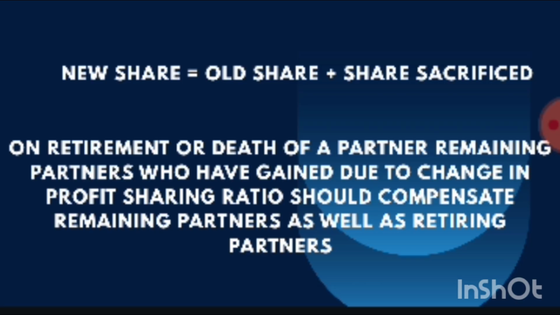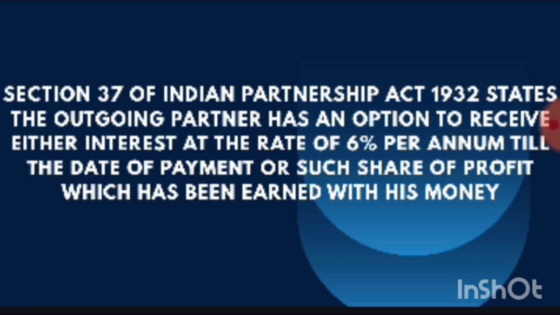So the answer is true. So on retirement or death of a partner, remaining partners who have gained from the retirement of retiring partner, the change in profit sharing ratio should compensate both remaining partners as well as retiring partner. So the answer is true.